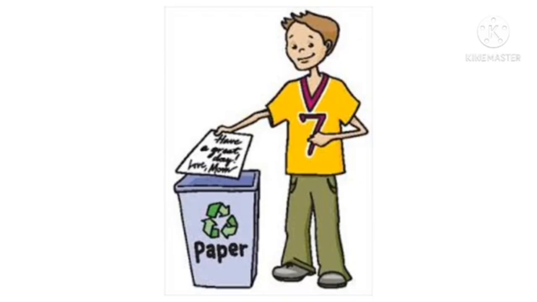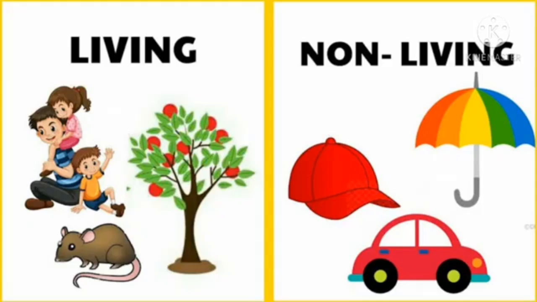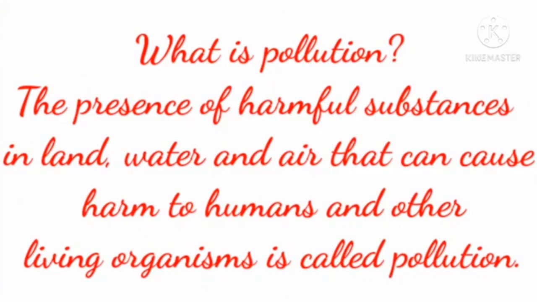So, our environment includes all living and non-living things. The harmful substances in land, water, and air that can cause harm to humans and other living organisms is called pollution.